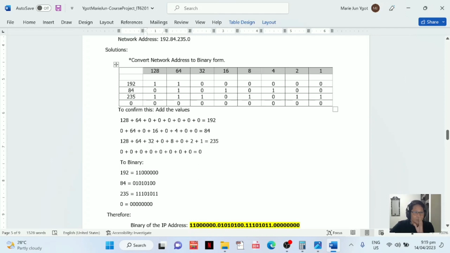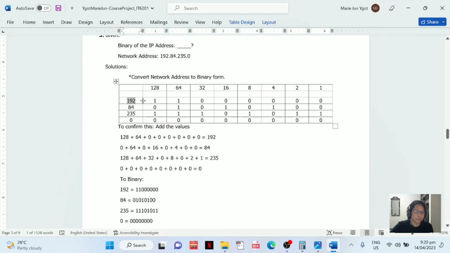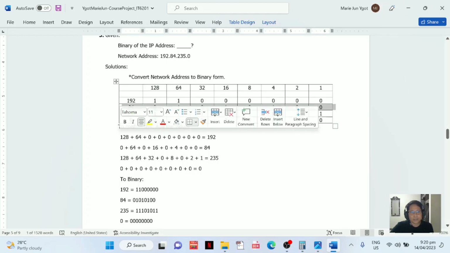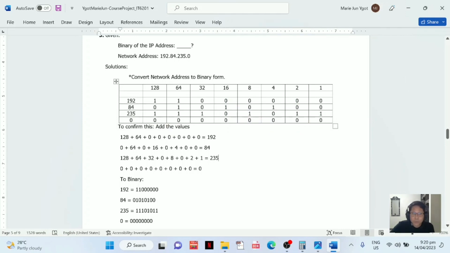Okay, so to confirm this, we are going to find the binary form of 192 first. We know this already, how to get this by adding these values here. So 128 can be added to make 192. Yes. What about 64? Can we still add this one in order to get 192? Yes. What about 32?